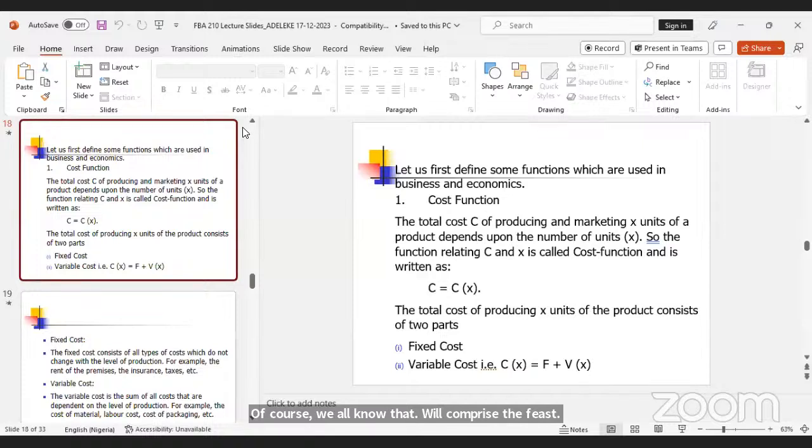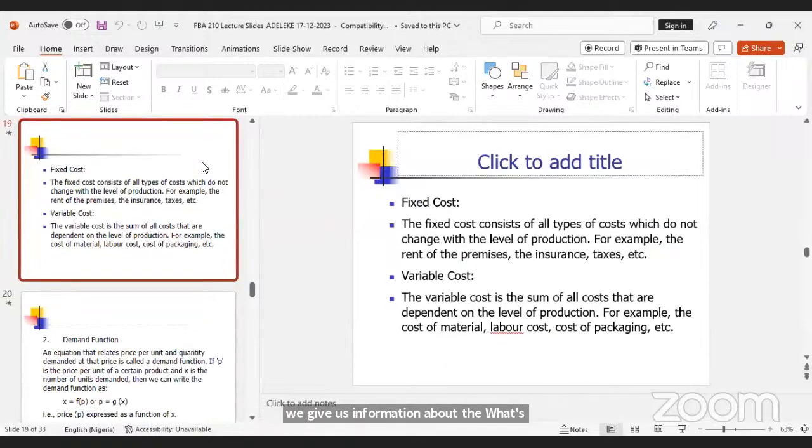The fixed costs are those costs that you incur irrespective of whether you produce a unit or not, while the variable costs are those that depend on the number of units of the product being produced. So the combination of the two will give us information about the total cost.